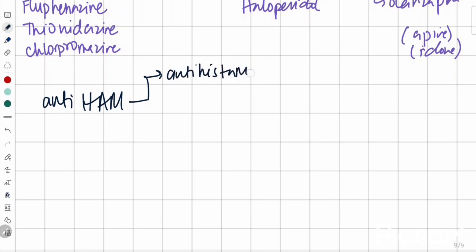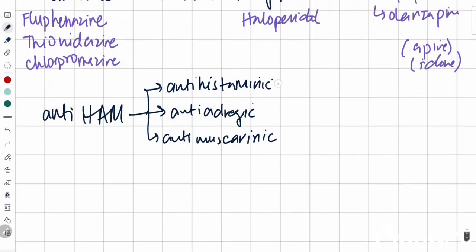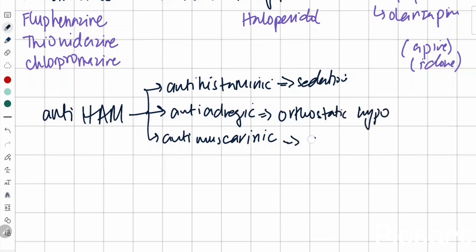Antihistaminic, anti-adrenergic, and anti-muscarinic. Antihistaminic, as in sedation, it will cause sedation. Antiadrenergic, it will cause orthostatic hypotension. And as antimuscarinic, you can have dry mouth and constipation and all those antimuscarinic effects.